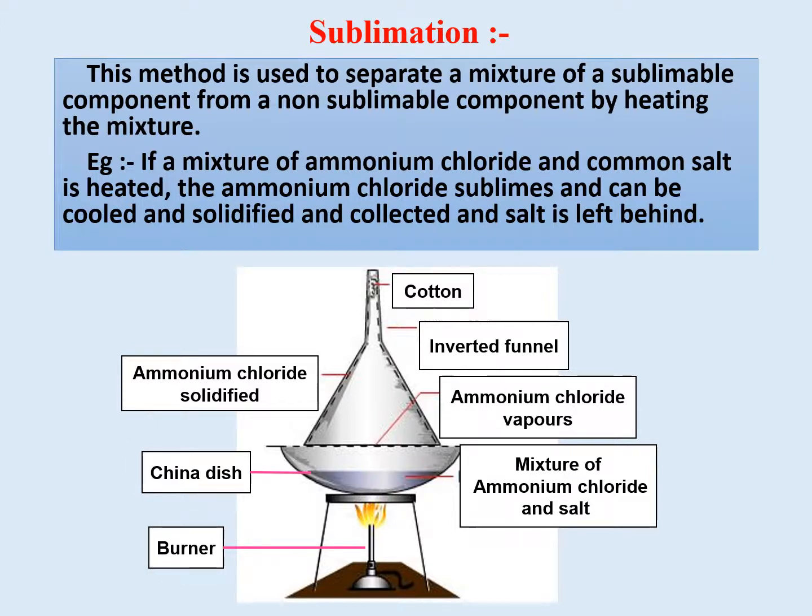As you can see in the picture, ammonium chloride solidified is getting collected on the inverted funnel. For this purpose, we have put a cotton plug on it so the ammonium chloride vapors do not escape out of the funnel, and the mixture of ammonium chloride and salt is put in the china dish, and a burner is used for warming it up, for heating it up.